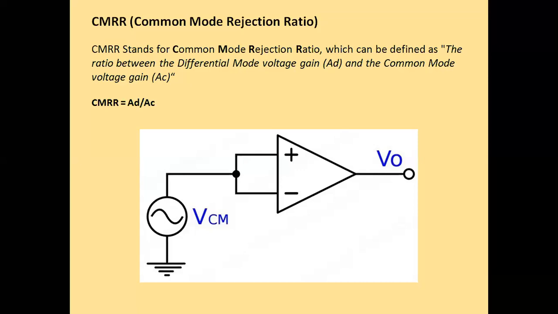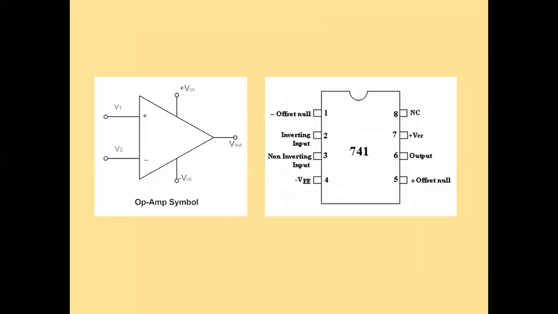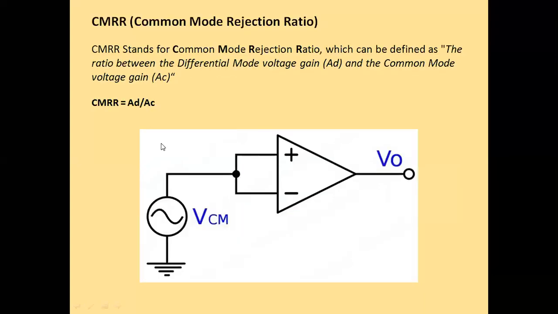If we are applying two different inputs, for example V1 to the non-inverting input and V2 to the inverting input, then we will get an output, and such a gain is called differential mode voltage gain. Now coming to the common mode voltage gain.